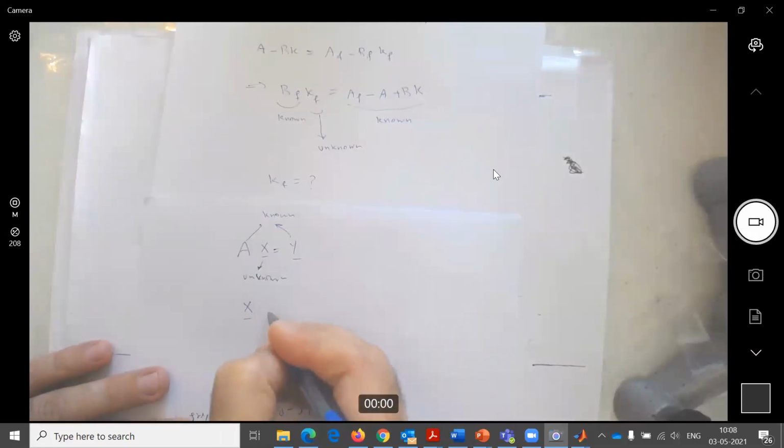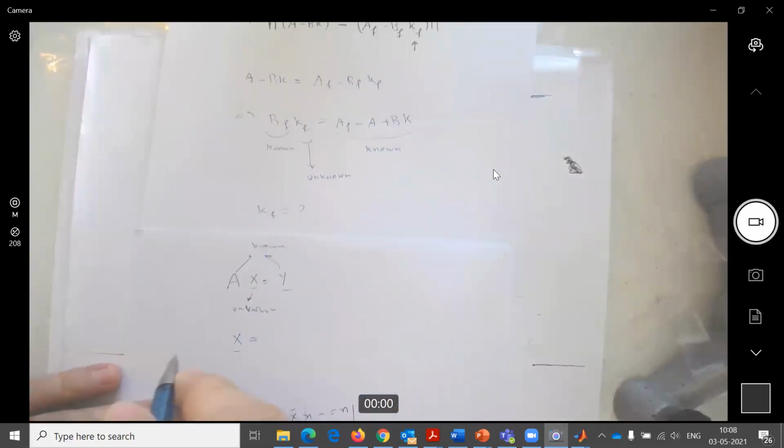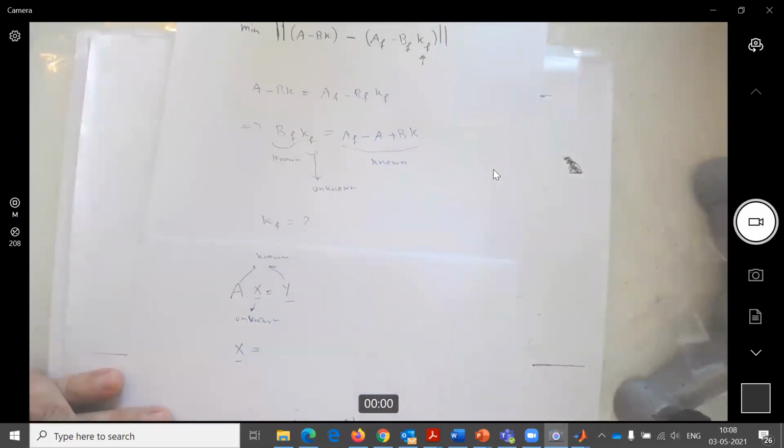Do you remember what X was? I was expecting that you remember, because if you want to memorize only one equation from SSP, it should be this equation, because it's very practical.